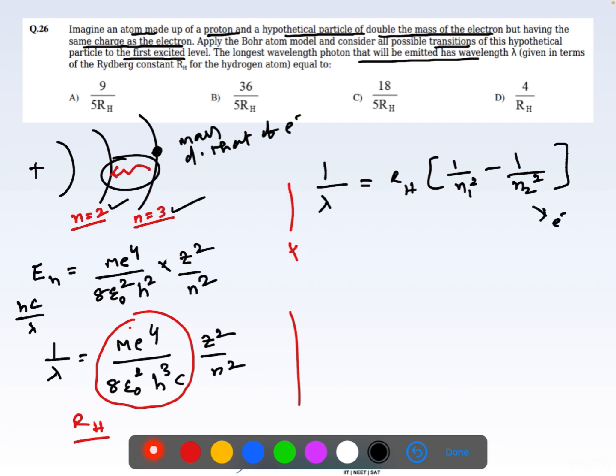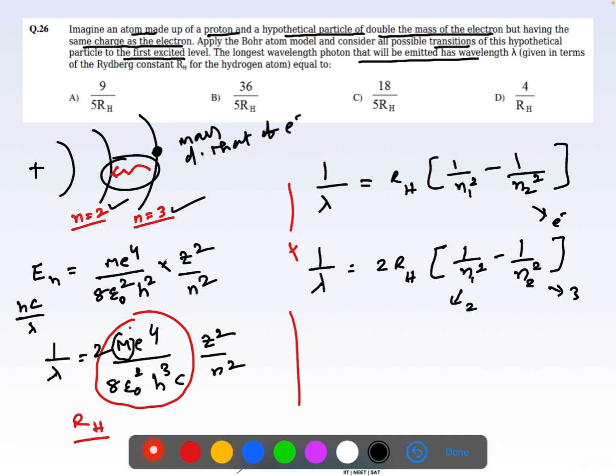But in this case, the particle has double the mass of the electron. Therefore, if I take m as 2m for the hypothetical particle, the Rydberg constant will be 2RH, and 1 by lambda will be equal to 2RH into 1 by n1 square minus 1 by n2 square. Here n1 is 2 and n2 is 3.